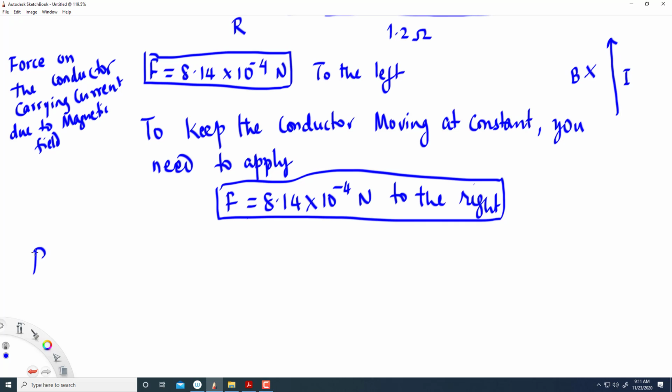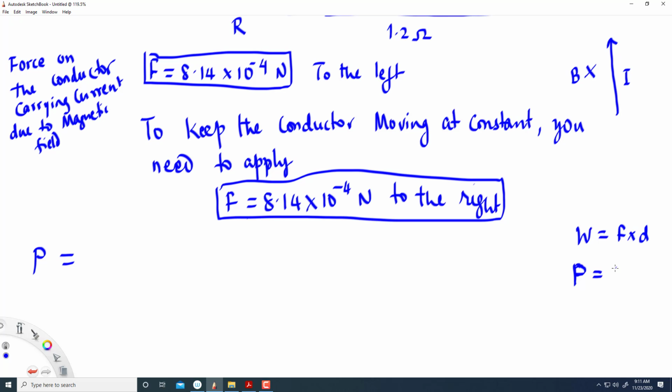This is from physics 1. Force times distance is work. Power is related to work.